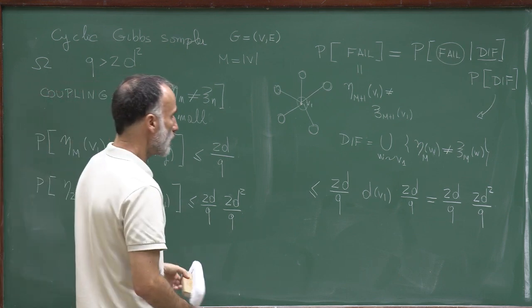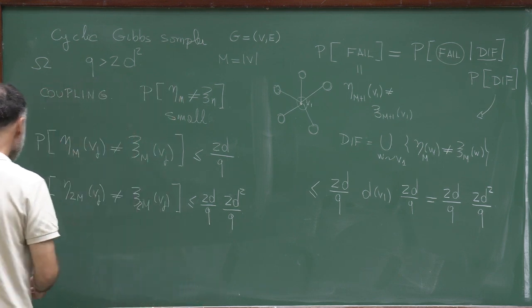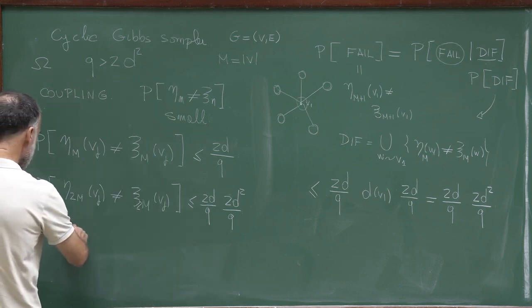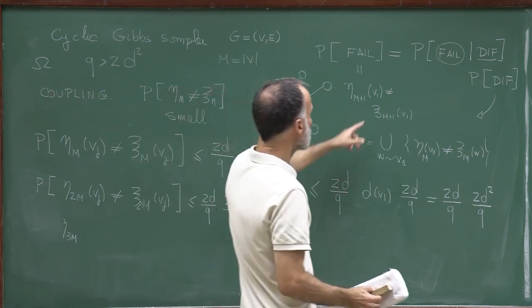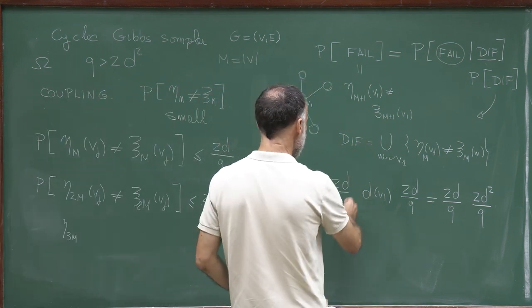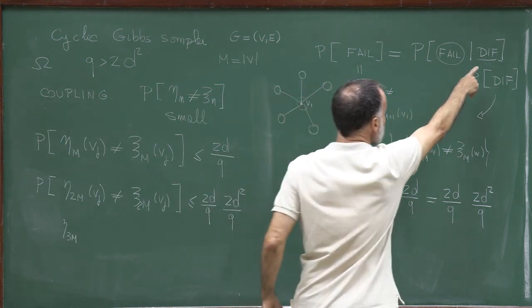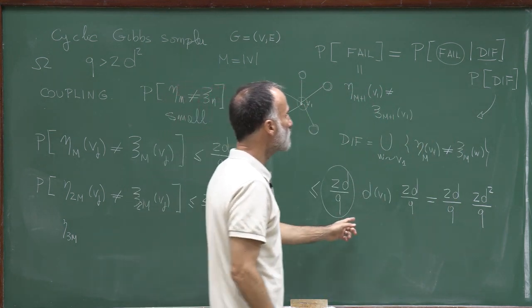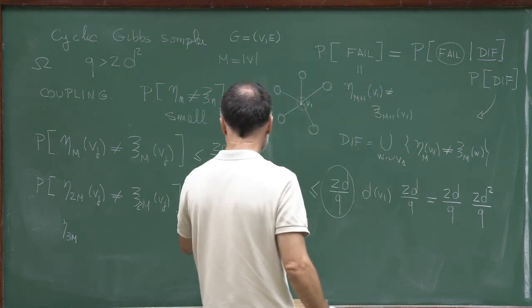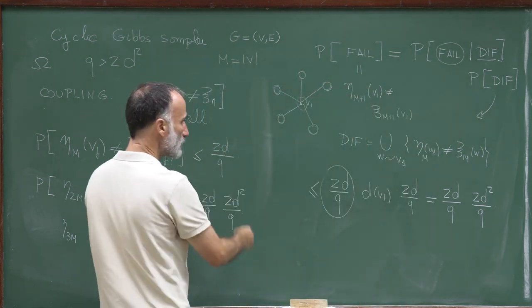Now I can repeat exactly the same argument to compute at time 3m. At time 3m, the probability that it fails, given that they are different, is always given by this one. But now the probability that they are different is changing. It's changing by this factor.